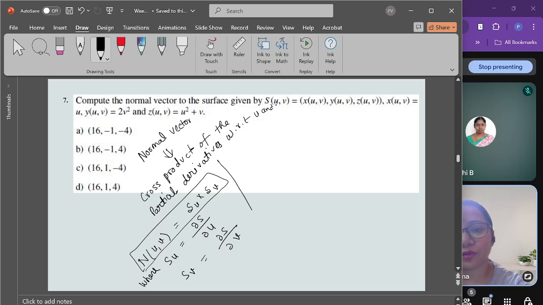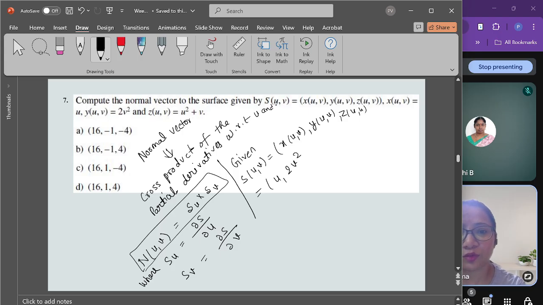Here our given function is S(u,v) equal to (x(u,v), y(u,v), z(u,v)), where x(u,v) is u, y(u,v) is 2v square, and z(u,v) is u square plus v. Now we need to take the partial derivative of S with respect to u and v, and then find the cross product of these two.